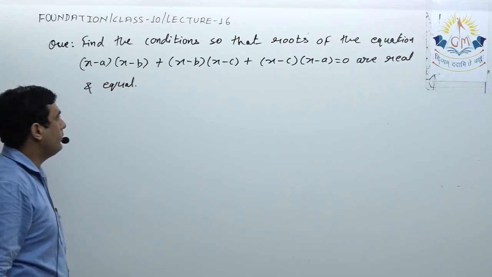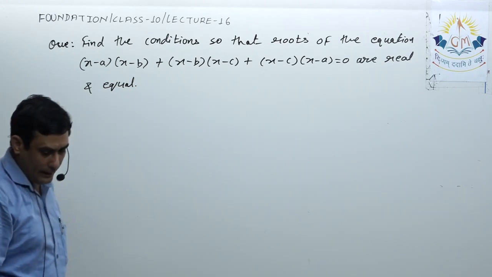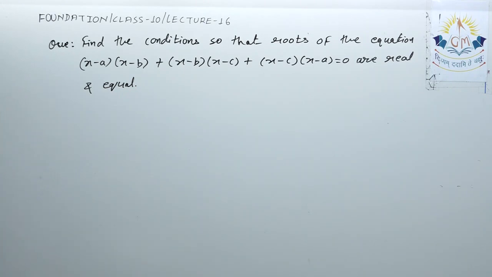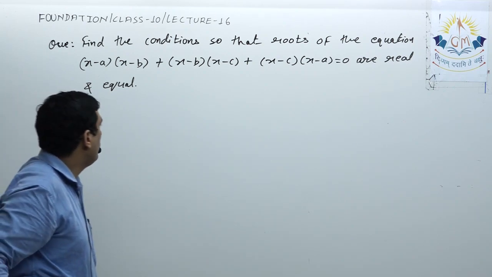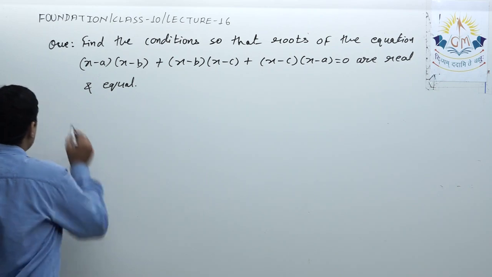Find the condition so that the roots of the equation (x minus a)(x minus b) plus (x minus b)(x minus c) plus (x minus c)(x minus a) equal to 0 are real and equal.